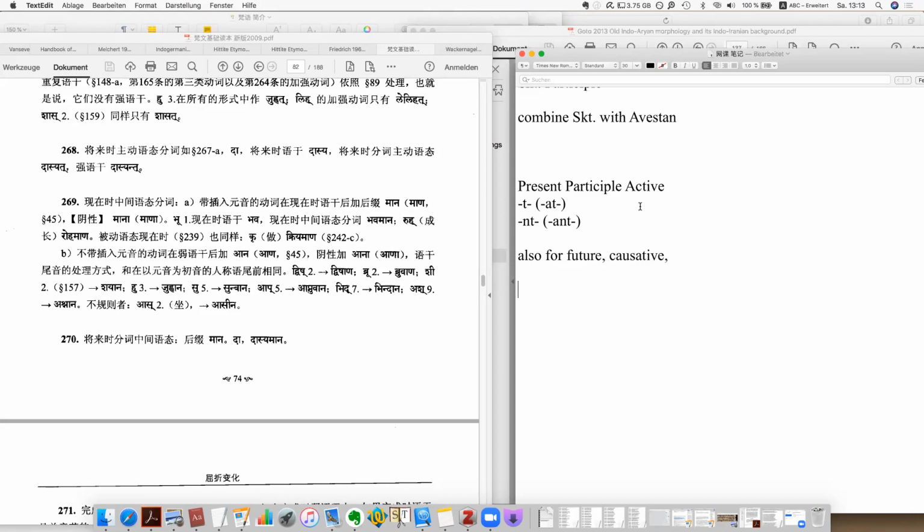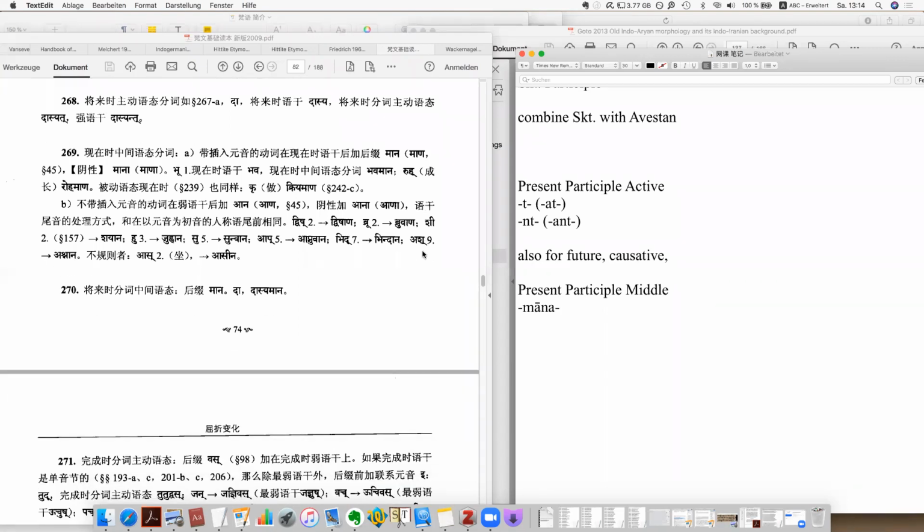So this is for active, and for the present participle middle, we have another form. It's called mana, right? And I just write mana here. This is with retroflex. I have explained it's just a variant in a different phonological context, right?